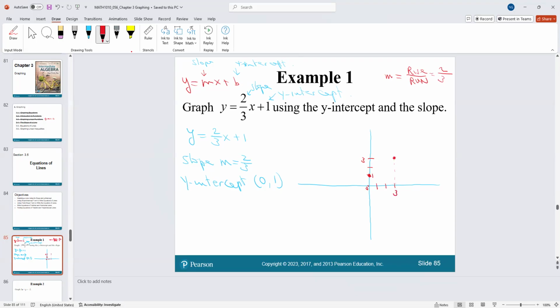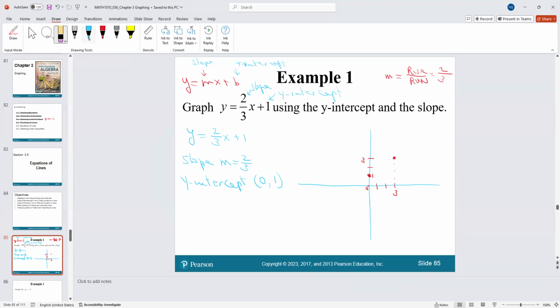So another point may be plotted by starting at the point (0, 1). We rise 2 units, and we run from that 3 units, because it's 2/3. That's how we identify our second point.